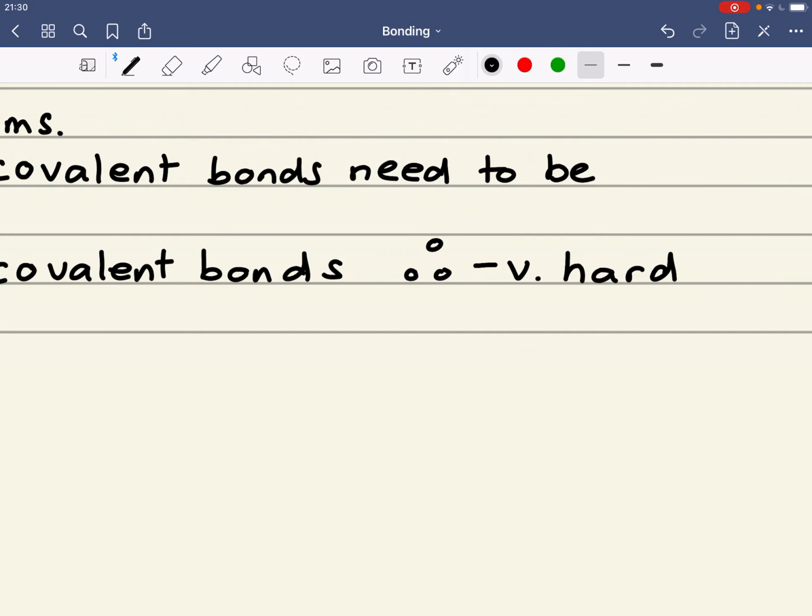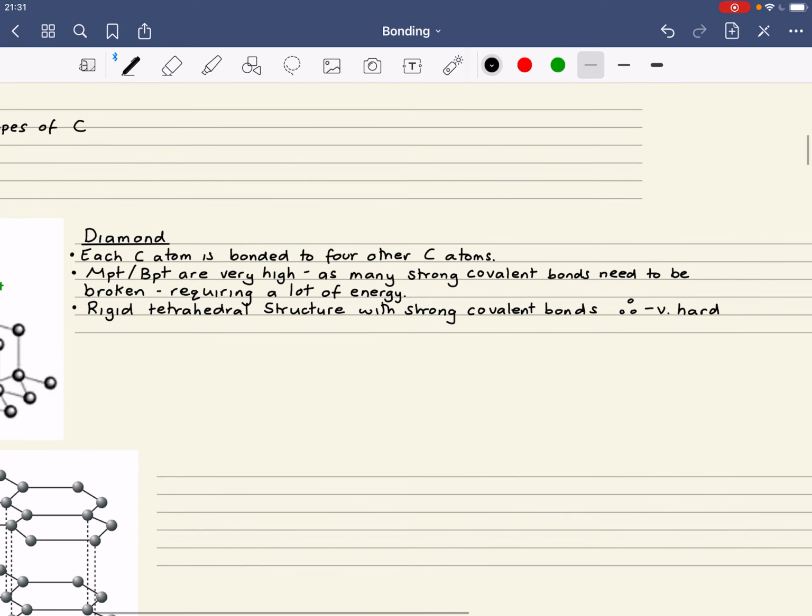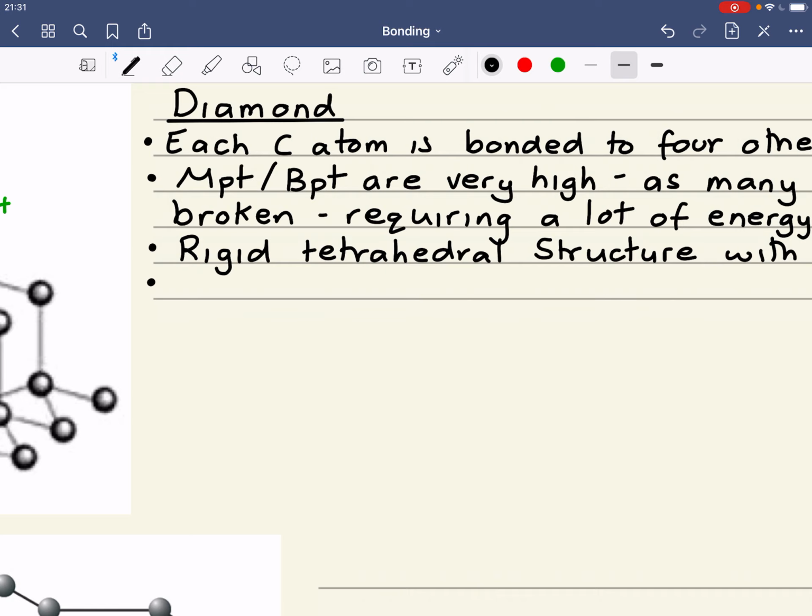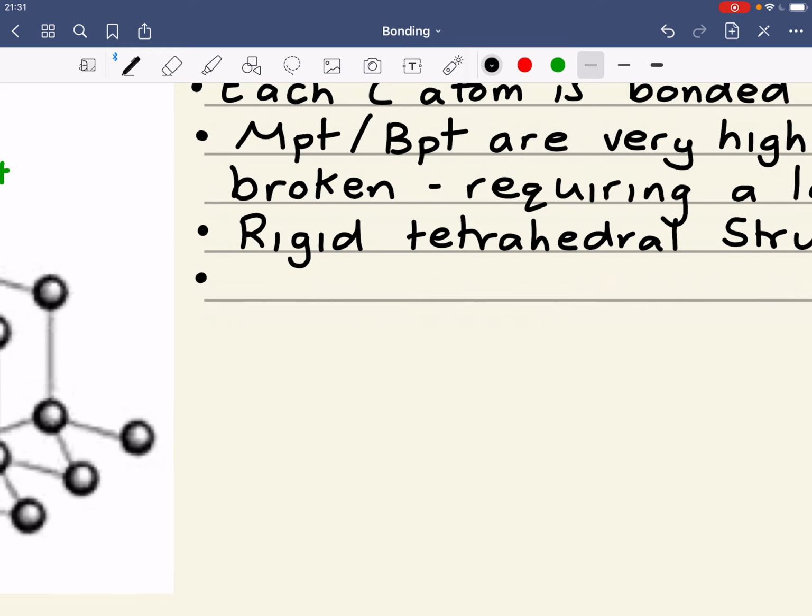It's actually the hardest known substance on the planet, and that's due to a rigid tetrahedral structure with strong covalent bonds. The other property that we need to be aware of with diamond is the conductivity, and it does not conduct electricity.